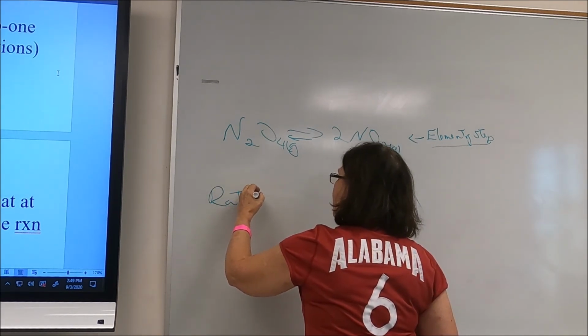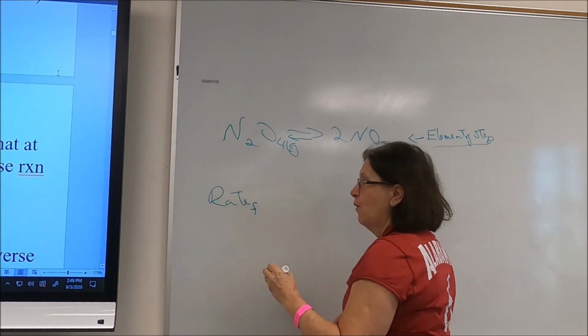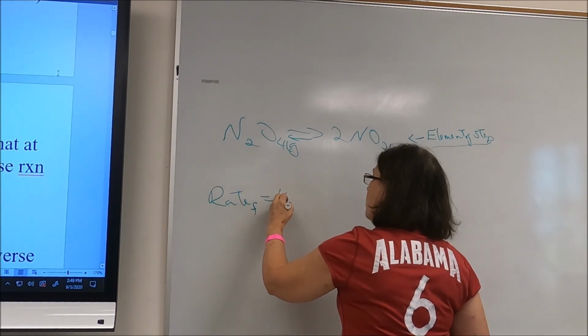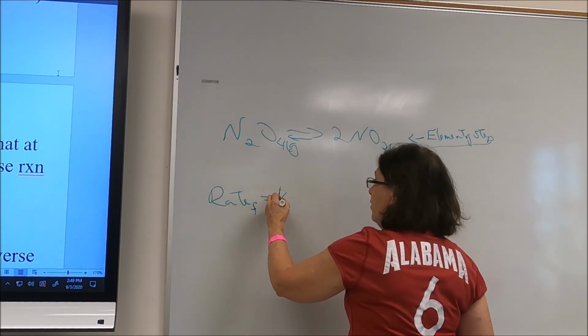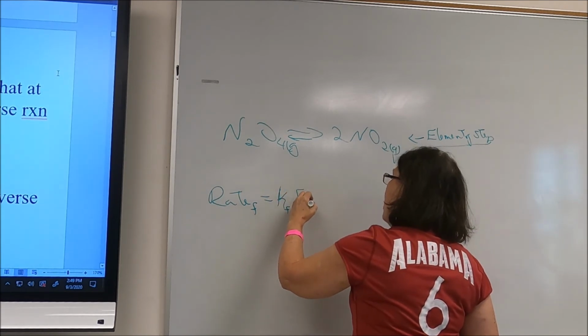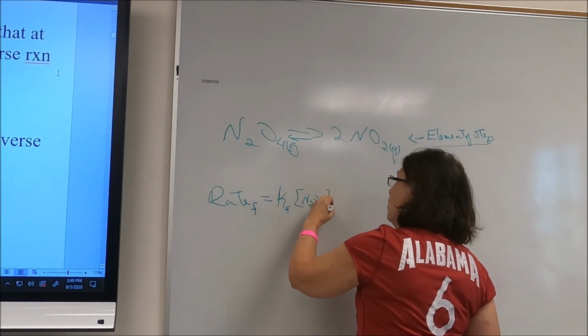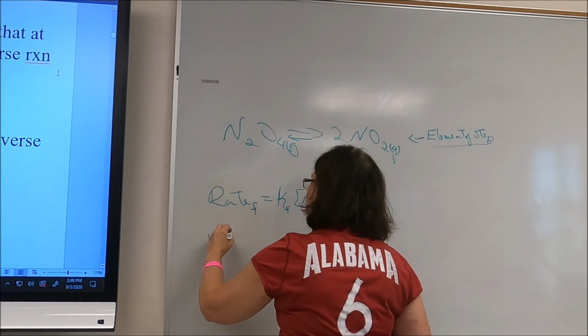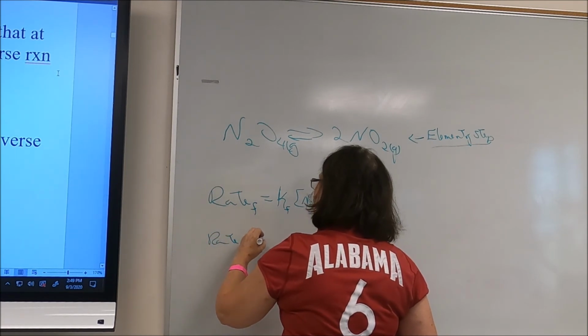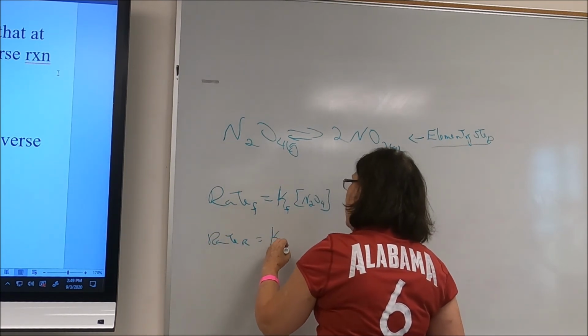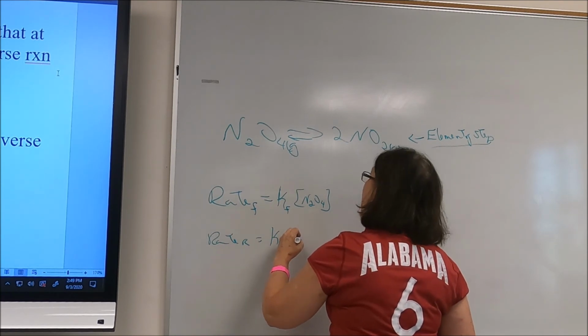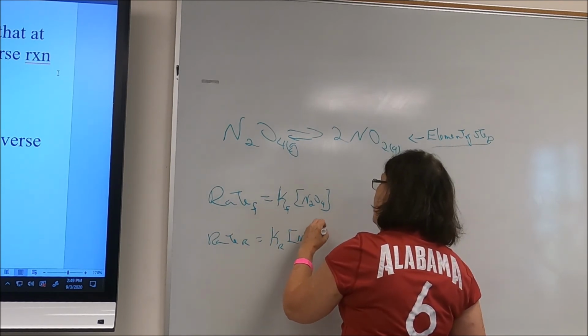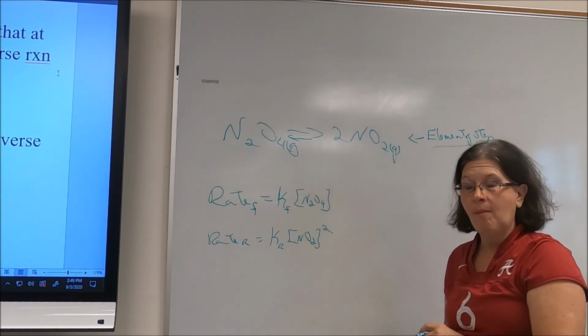So the rate forward equals little k forward, the rate constant, times the concentration of N2O4. The rate reverse is equal to k reverse times the concentration of NO2 squared.